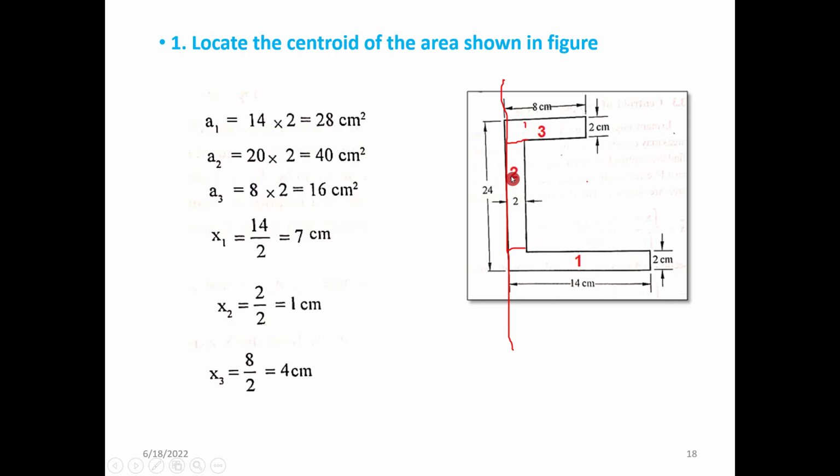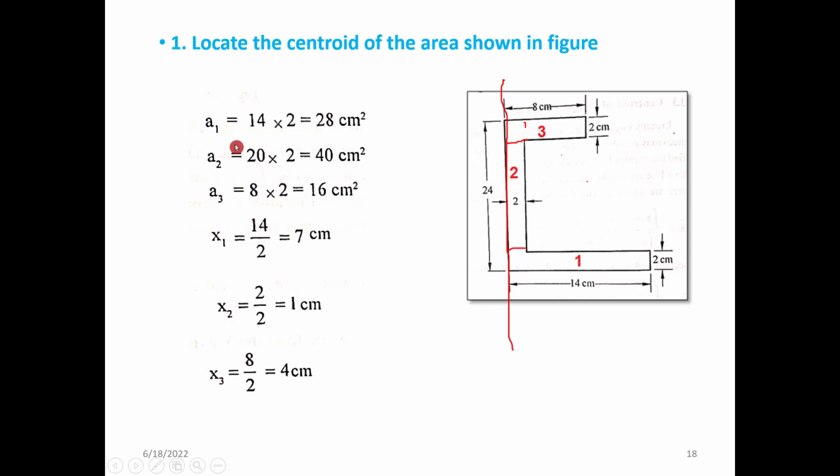Similarly, x2, rectangle 2, from this left vertical line is at half the width, so 2 divided by 2, that is 1 centimeter, is the location of the centroid of the second rectangle. Similarly x3 is 8 divided by 2, 4 centimeters.